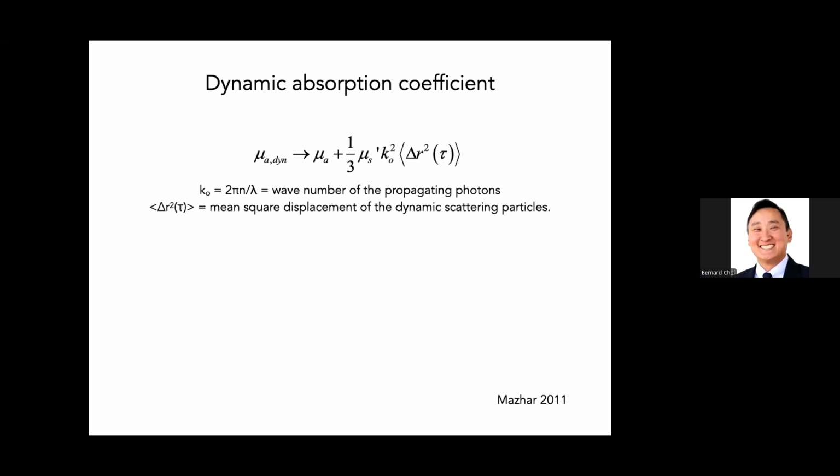This is work that Dave Boas helped us with quite a bit, and it's based off his dissertation work. The absorption coefficient you can model as a loss term. You lose light that way. You can also integrate loss due to motion, basically correlation loss, with this term right here, which has the wave number, so we can calculate that.